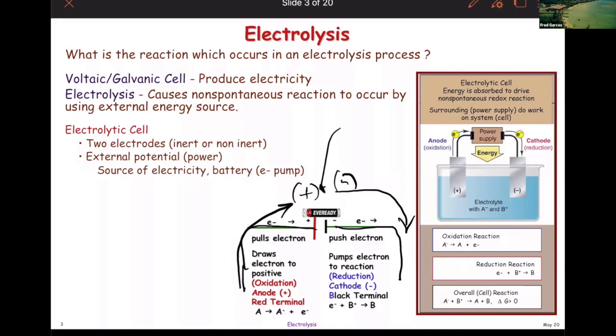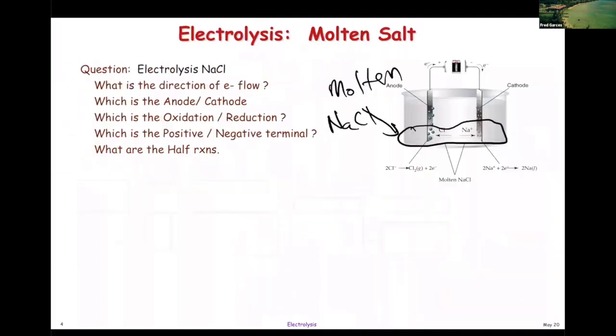Anyway, if you take a look at what we have here, the way you analyze an electrolysis is you always identify the ingredients that you have. Okay, so the ingredients here are sodium chloride and the electrodes.